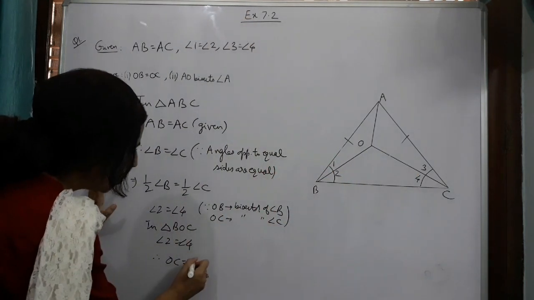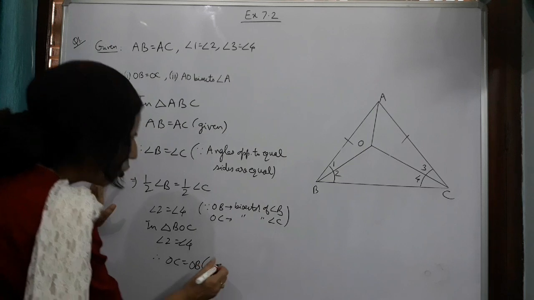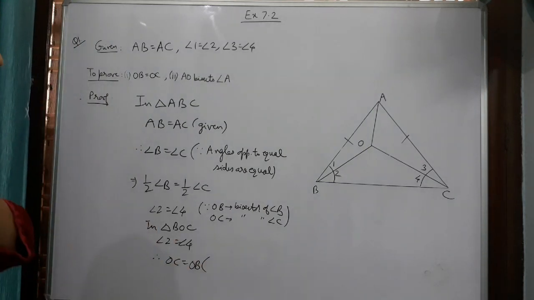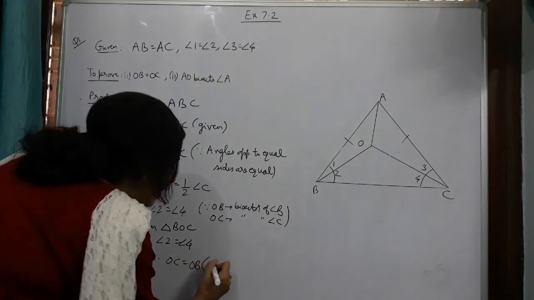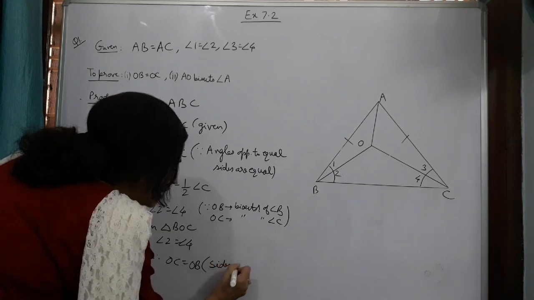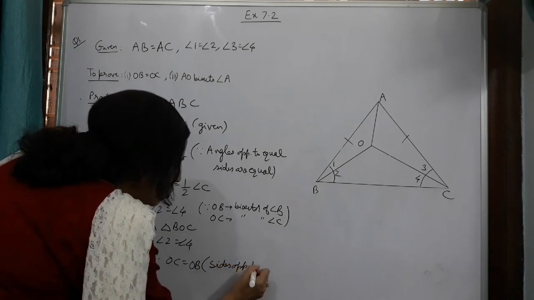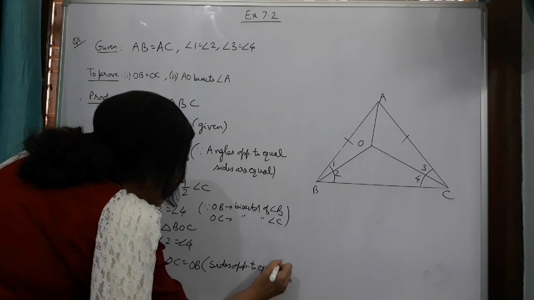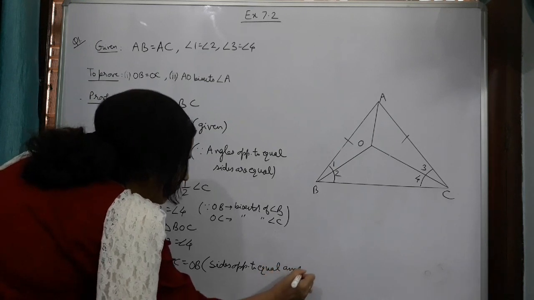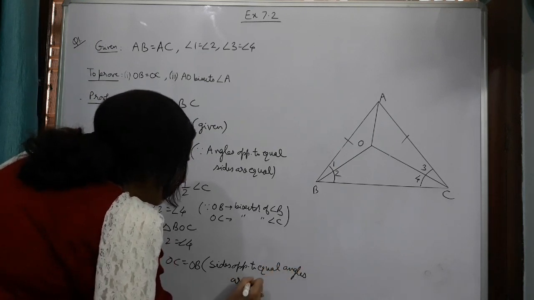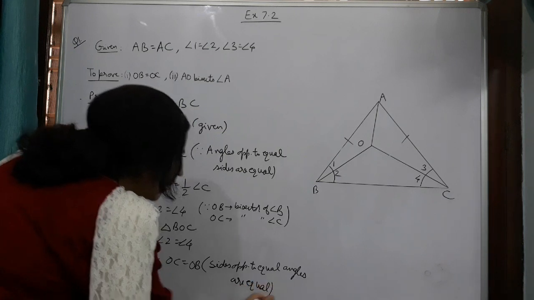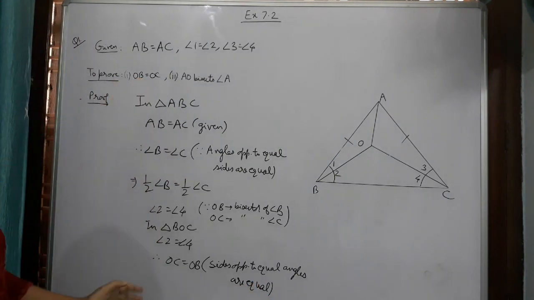It is OB. So OC equal to OB, or OB equal to OC, and we write down the reason: since sides opposite to equal angles are equal. And this is what we had to prove in the first part.